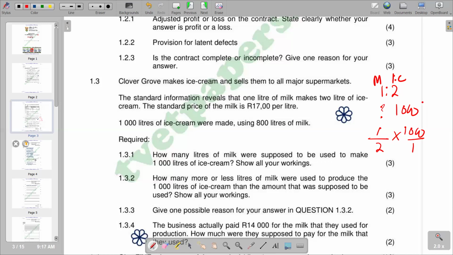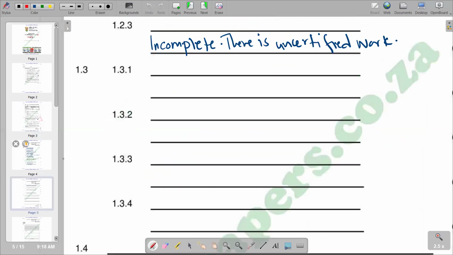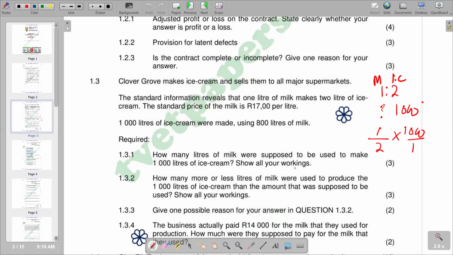So that's how we're going to summarize it in our answer section, whereby you're saying 1,000, my answer is 500. 500 liters of milk were supposed to be used to produce the 1,000 liters of ice cream.